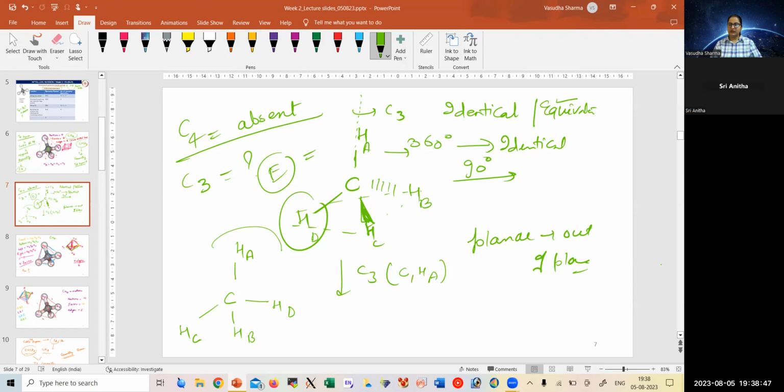Okay, so for C4, a proper axis of rotation, we need to understand how many atoms are there. For a C4 rotation, you need at least 4 atoms for a 90-degree rotation, so all 4 can come to their original position or equivalent conformation. But here, the maximum number of atoms coordinated with your carbon is only 4.